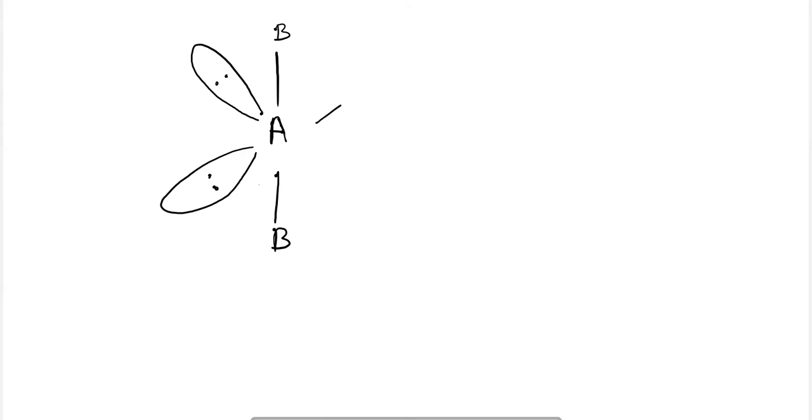So this is the structure for three lone pairs and three bonded B atoms with the central atom A.